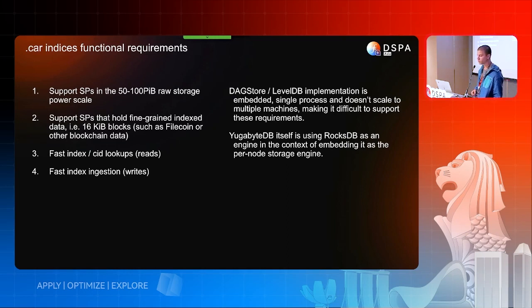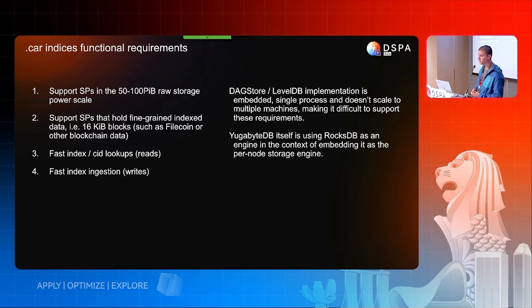We also want to make sure that there are fast indices and CID lookups and fast index ingestion. So the DAG store can do that, but not at this scale. As I mentioned, it's single process and it doesn't scale to multiple machines, making it very difficult to support those requirements.